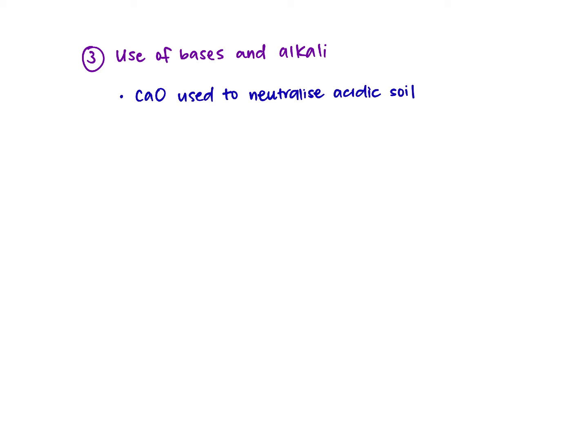Okay, the third part will be the use of bases and alkalines. Calcium oxide is used to neutralize acidity in soil.